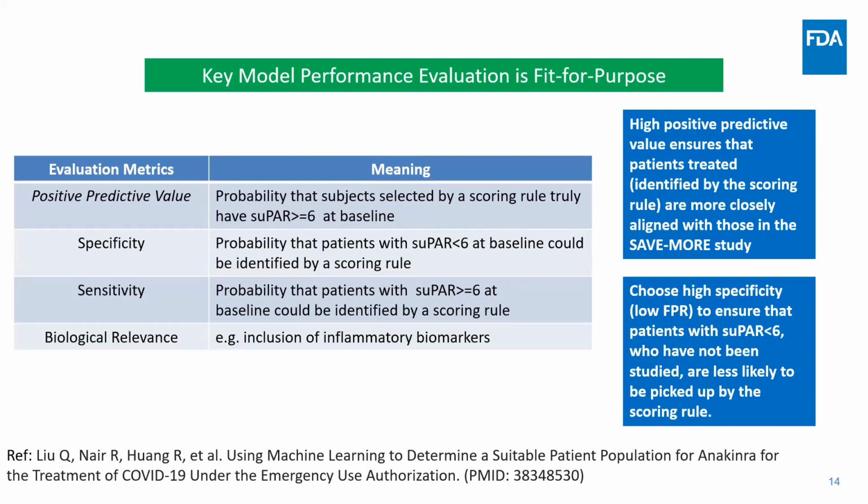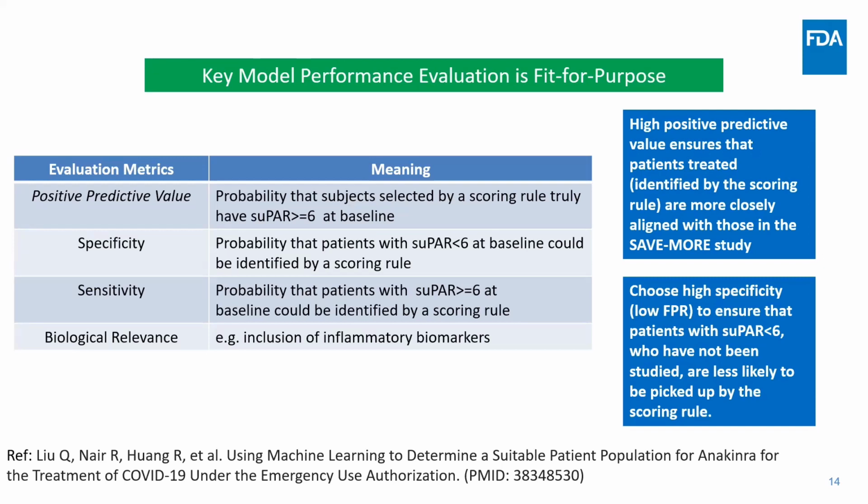When we talk about a machine learning algorithm in a clinical study, we want to have a certain priority. In this case, our priority is the treatment. Anakinra was studied in patients with suPAR larger or equal to 6, and in that population anakinra demonstrated great treatment effect.